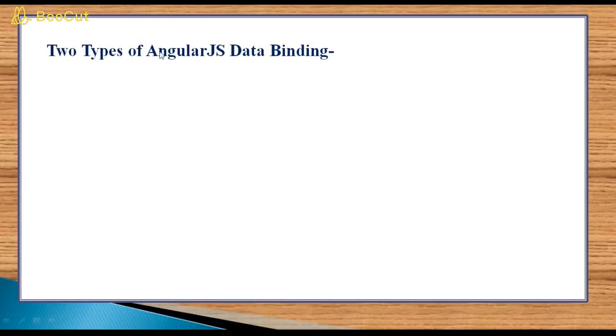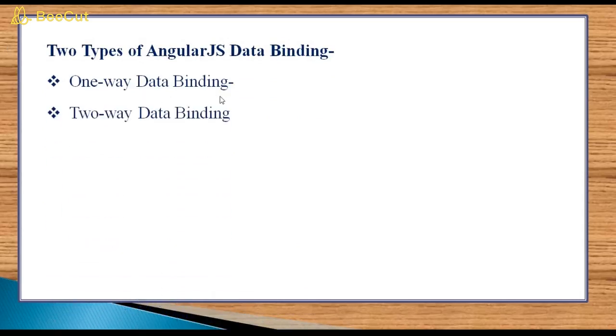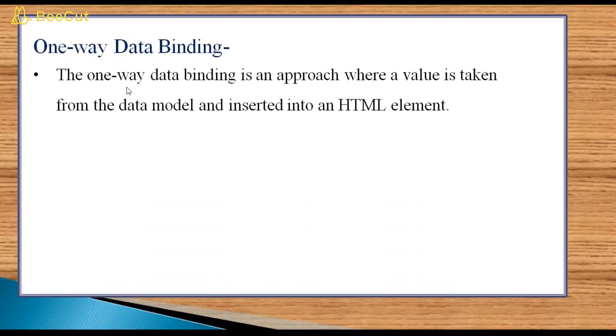There are two types of AngularJS data binding. First is one-way data binding and second is two-way data binding. Let's see one-way data binding. The one-way data binding is an approach where a value is taken from the data model and inserted into an HTML element.